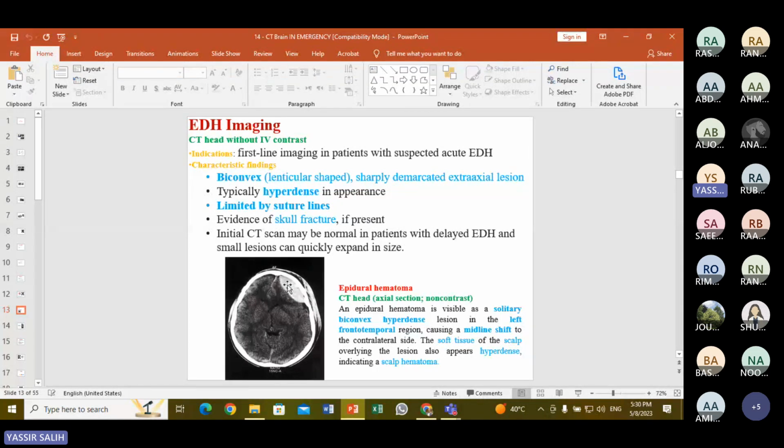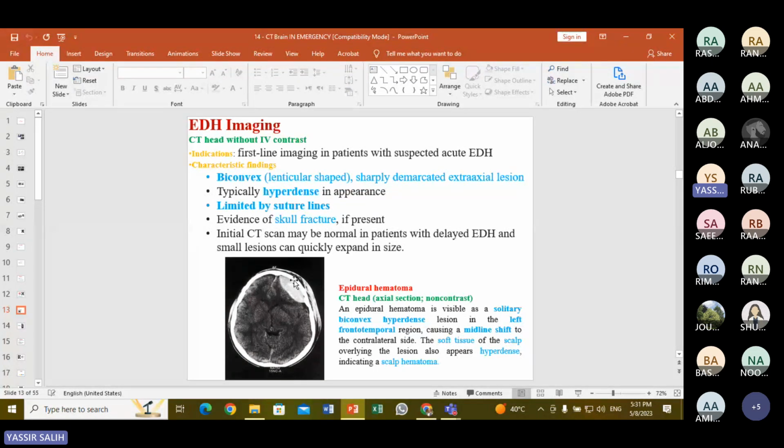And the blood is limited by the suture line. This extradural hematoma cannot cross the suture lines. And usually there is a fracture, commonly at the site of the hemorrhage. But sometimes the CT may be normal, which is not common, if there is a delay of the extradural hemorrhage.